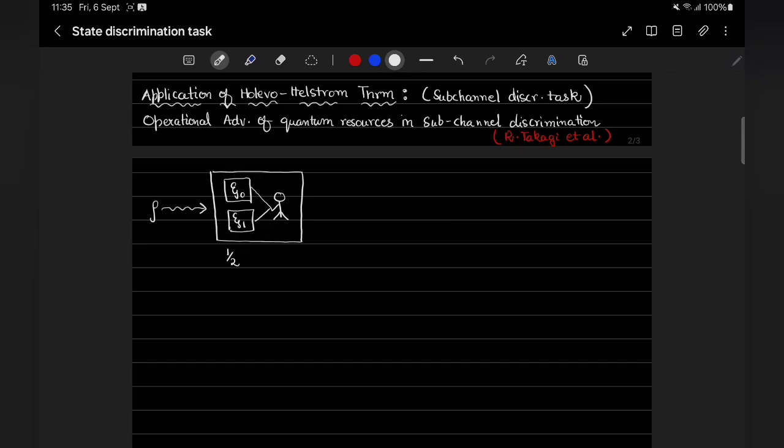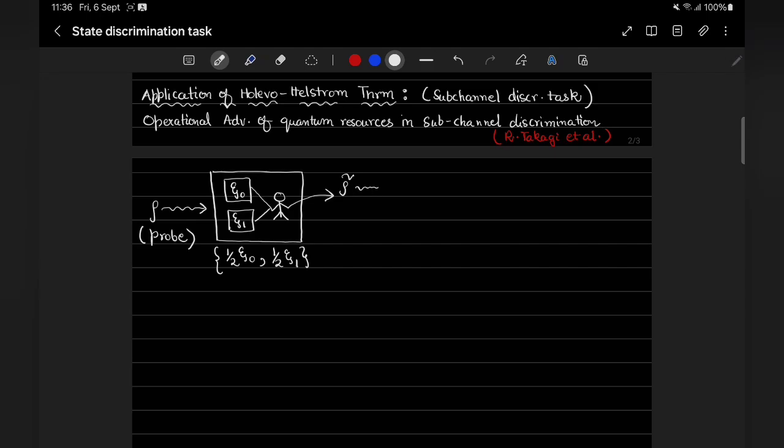So sometimes epsilon 0 is applied, and sometimes epsilon 1 is applied. This initial state is like a probe state. And this entity gives the output some state rho tilde, which is after applying this channel. And our task is to maximize the guessing probability.